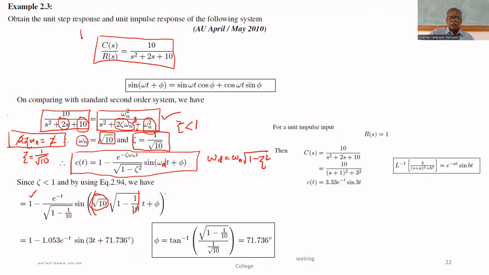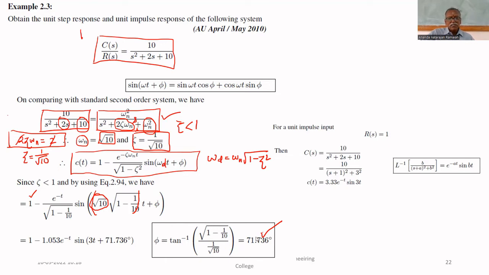Plus phi. But phi equal to what? Phi equal to tan inverse of square root of 1 minus zeta square upon zeta. Zeta equal to 1 by root 10. So if you substitute, square root of 1 minus 1 by 10, whole divided by 1 upon root 10.